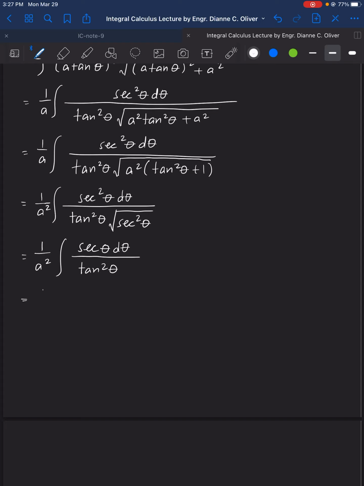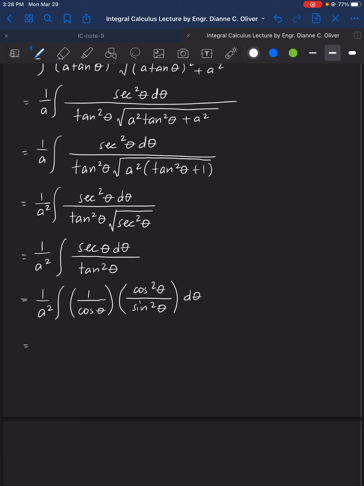Then let's use cosine and sine here. Secant theta is equivalent to 1 over cosine theta. For tangent squared theta, we have sine over cosine, but since tangent here is in the denominator, we have sine squared theta over cosine squared theta and d theta.